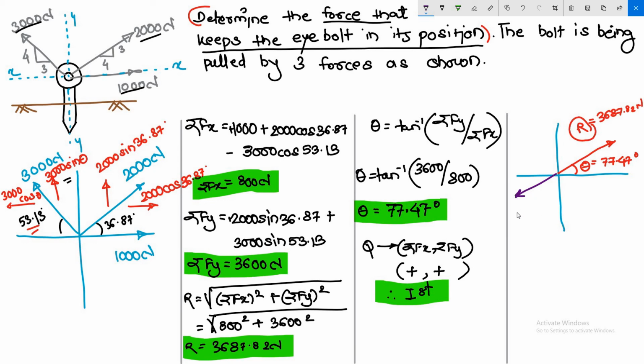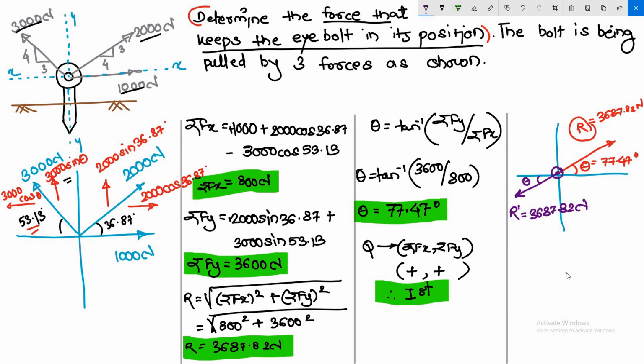Our resultant was R, therefore the equilibrium force will be shown by R dash, and its inclination will be the same as that of our resultant. Therefore, the value of R dash will be 3687.82 Newton. But the notable difference here is that even though the magnitudes are the same, the directions are opposite. That's why equilibrium on this particle is maintained.